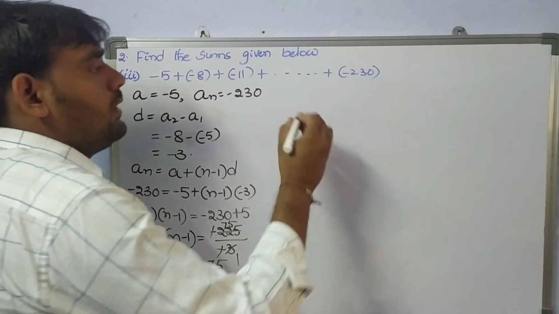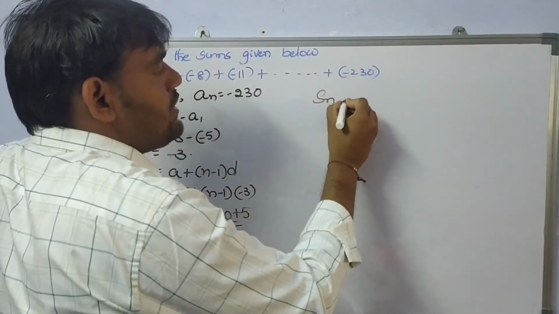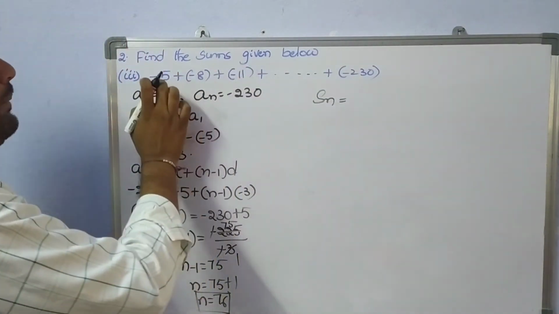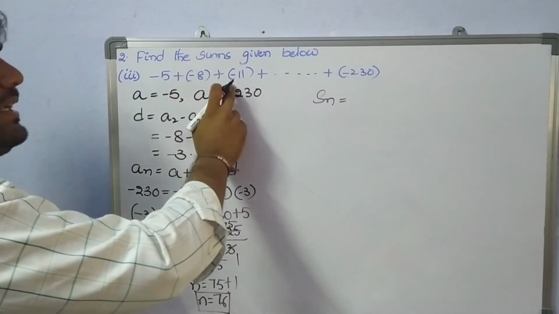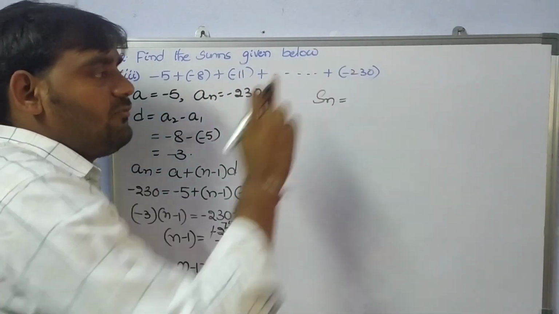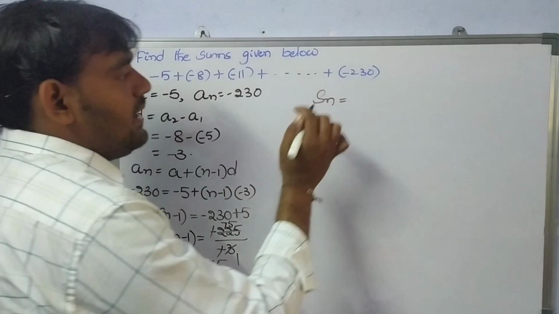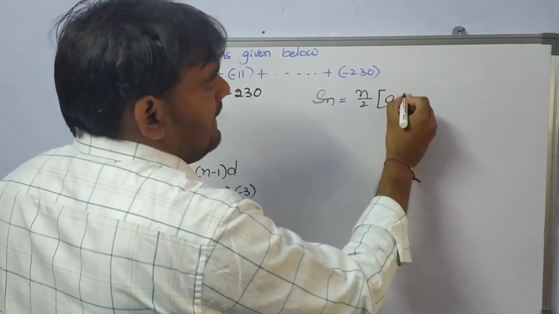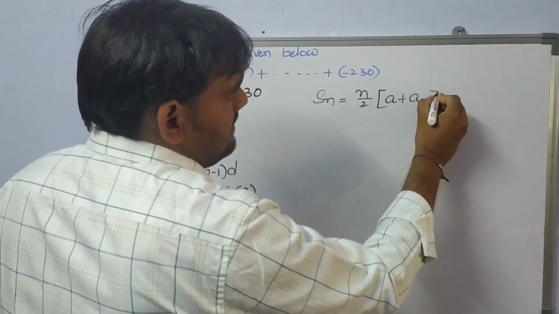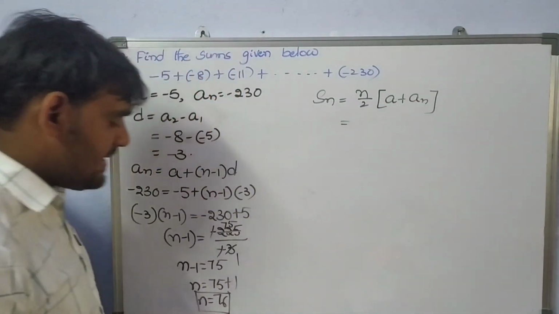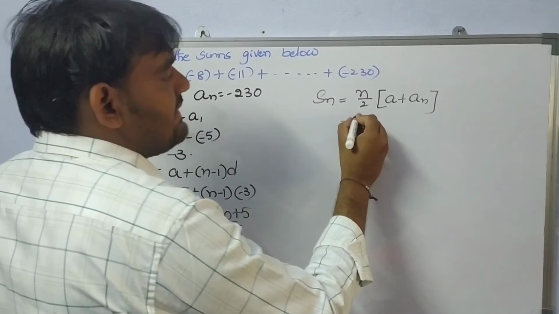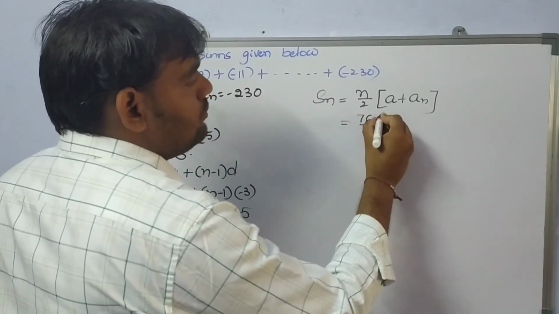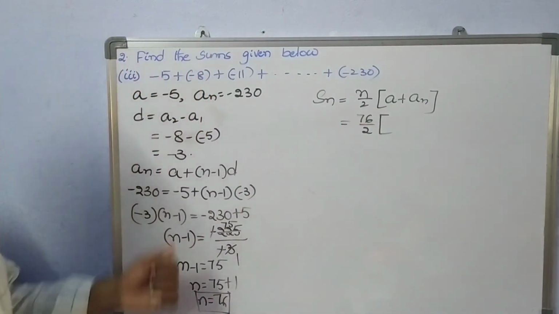After that, our aim is to find minus 5 plus minus 8 plus minus 11 plus and so on plus minus 230. For that, Sn is equal to n by 2 into (a plus an) is the basic formula. So n is nothing but 76, by 2 into (a plus an).